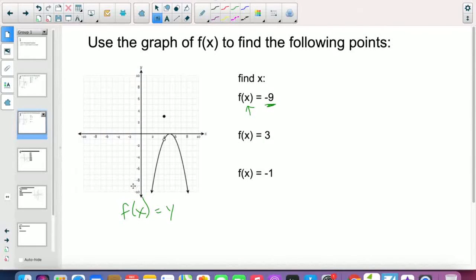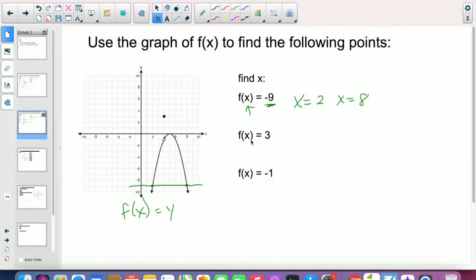Okay, here's my y value of -9. So for what x values does that happen? Well, that happens when x is 2 and when x is 8. So in this one, I have two different numbers that I could plug in for x. Y is -9 when x equals 2 and when x equals 8. So I had two solutions for that problem.